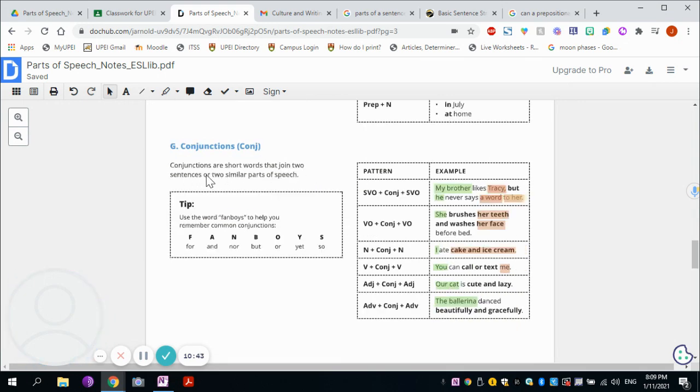Conjunctions. Conjunctions are short words that join two sentences or two similar parts of speech. One way to help learn conjunctions is to use the word FANBOYS to help you remember common conjunctions: for, and, nor, but, or, yet, and so.